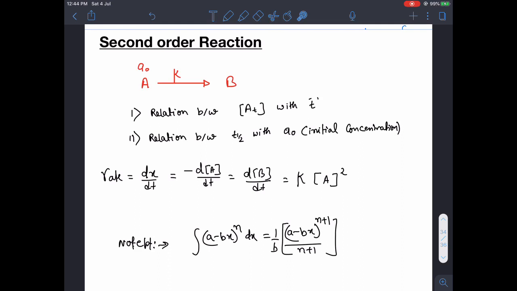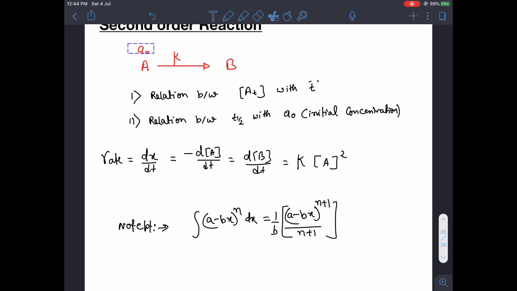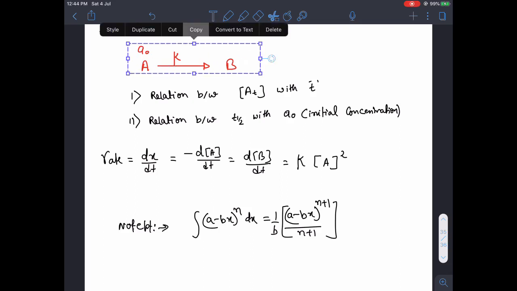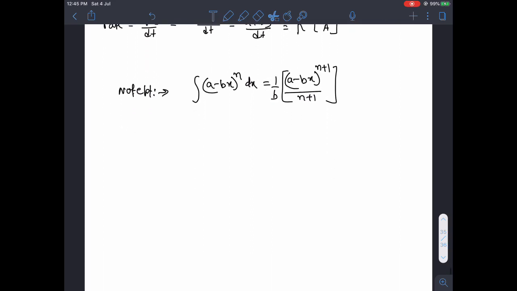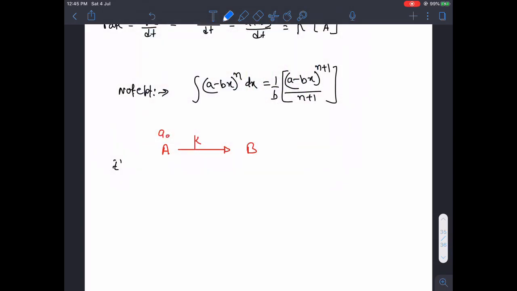So let's start now. Our reaction is A converted into B and the initial concentration was given to be A naught. Now as time progresses, at general time t, as you can see from the stoichiometric coefficients, 1 mole of A will produce 1 mole of B. So at general time t, it will be A naught minus x, and this will be x.